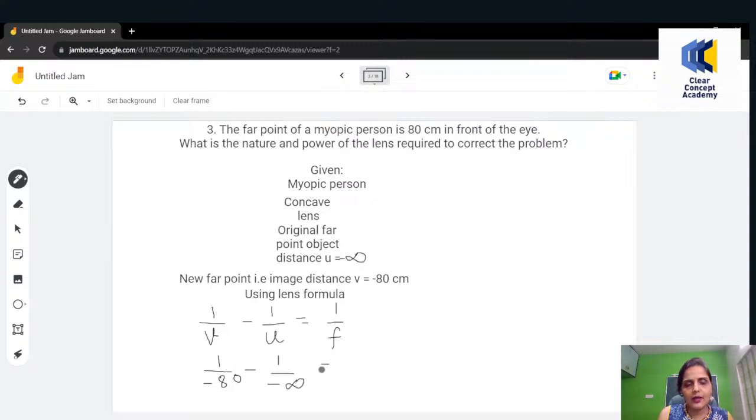Remember that 1 upon infinity is always 0. Therefore, this becomes minus 1 by 80 minus 0 is equal to 1 by f. So you get 1 by f is equal to minus 1 upon 80.